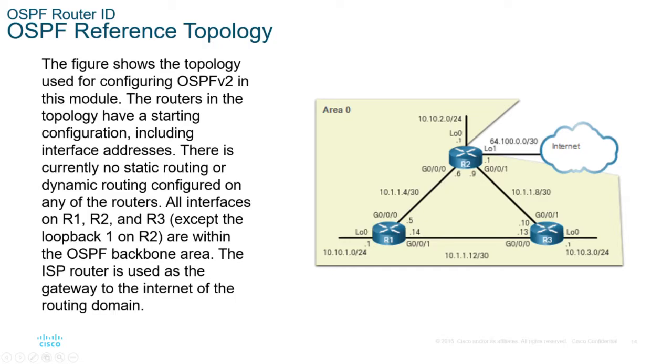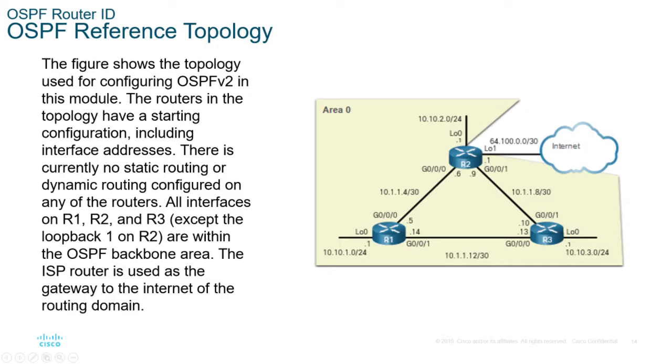Now, our third way, and this is the default way that most devices will grab their IP address, is that it will take the highest IP address of a current up and up interface. So if there's no router ID manually set, it moves to step 2, which is to check what's the highest IP address on a loopback interface.